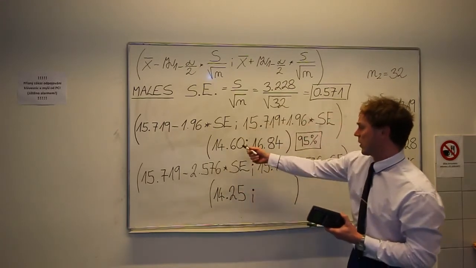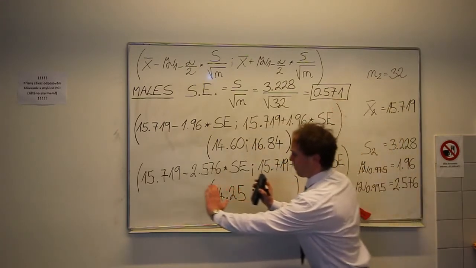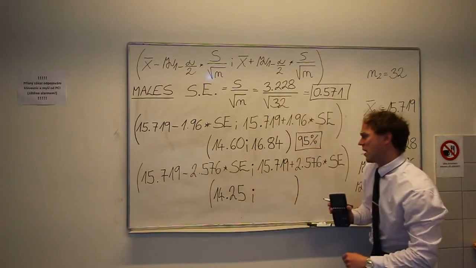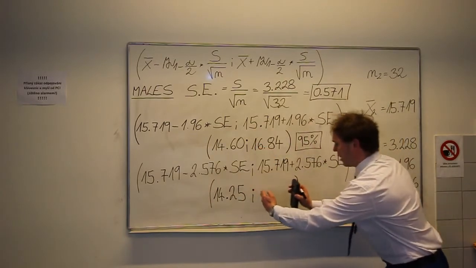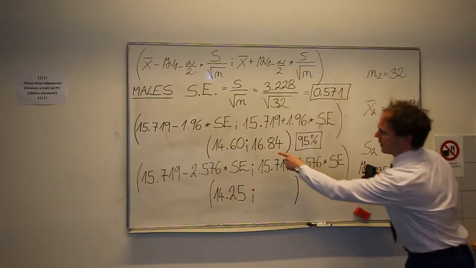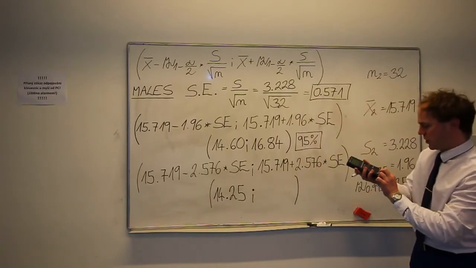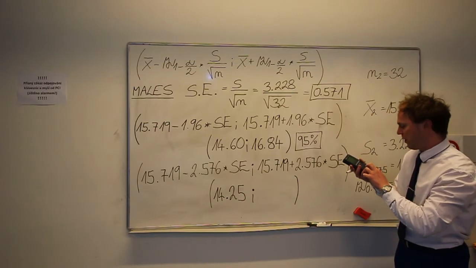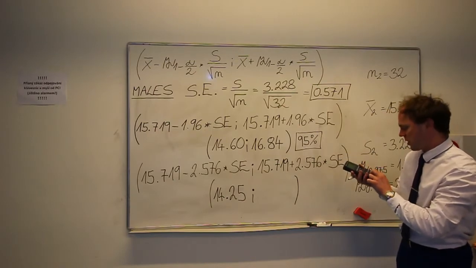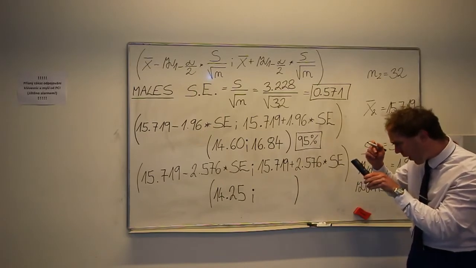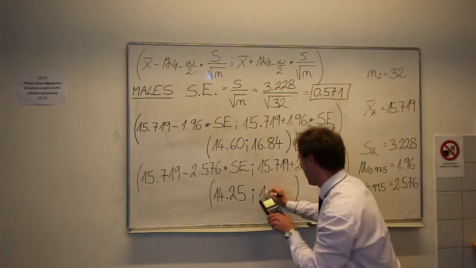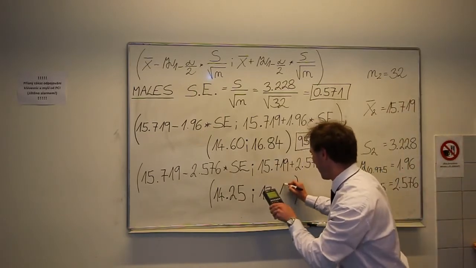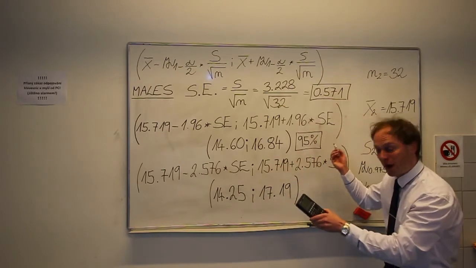14.25, yes, you can see you are far away on the left side, here you will be far away on the right side. So 0.571 times 2.576 plus 15.719, 17.19 points.